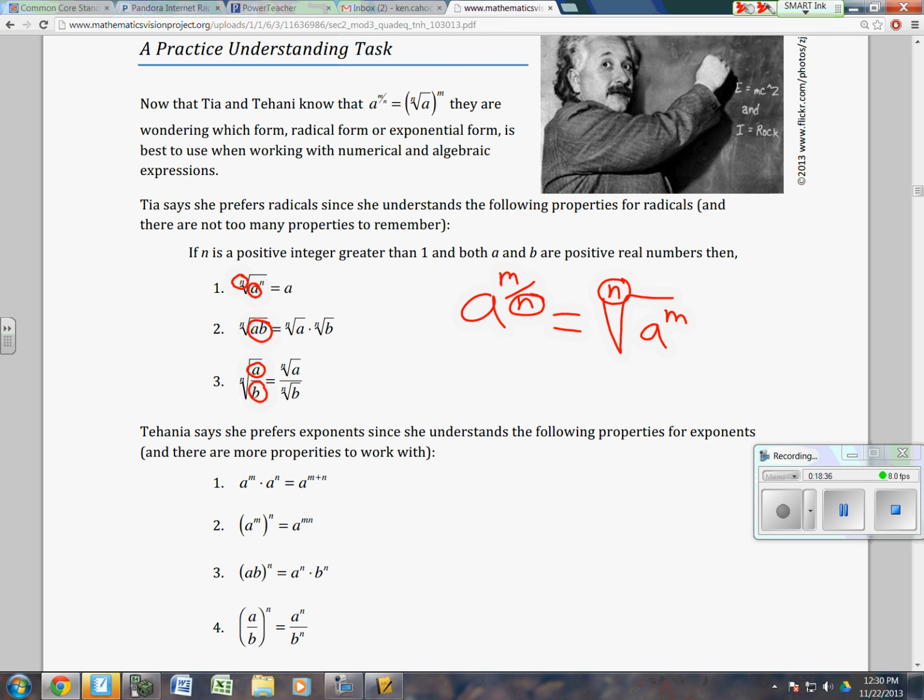Okay? So a and b also have to be positive numbers. This is the nth root of a to the n. The nth root of a times b equals the nth root of a times the nth root of b.